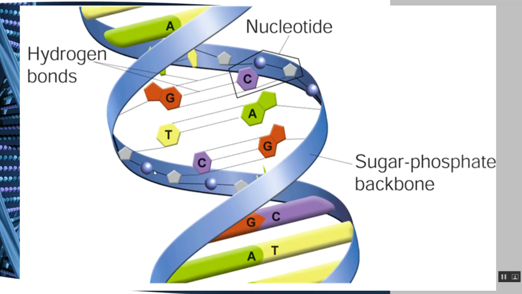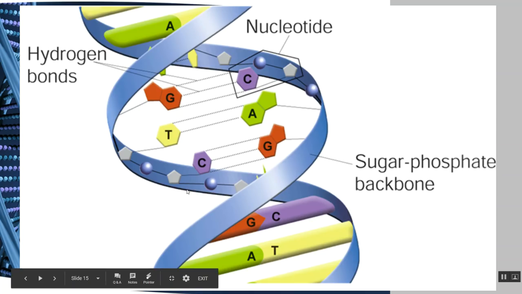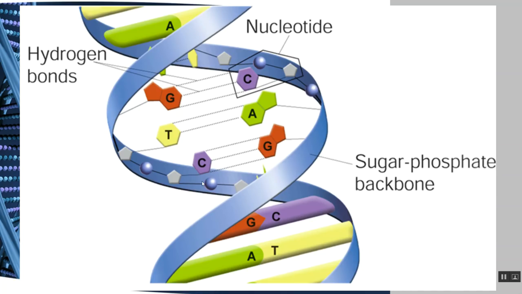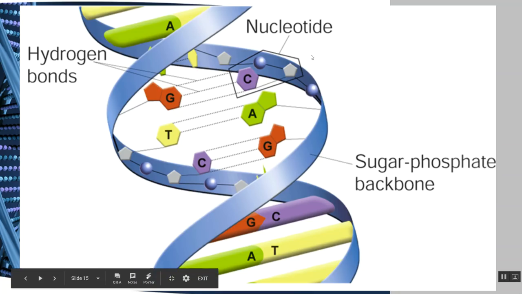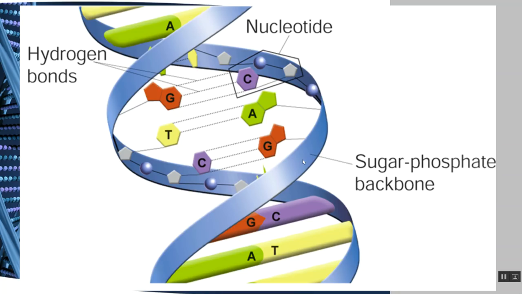This is your second strand. Base pairing, G, C, T, and A, that's held together by hydrogen bonds, and that's what holds these two strands together. And then your backbone or your sides are made up of sugar, phosphate, sugar, phosphate, all the way down. So that's what makes up our DNA.